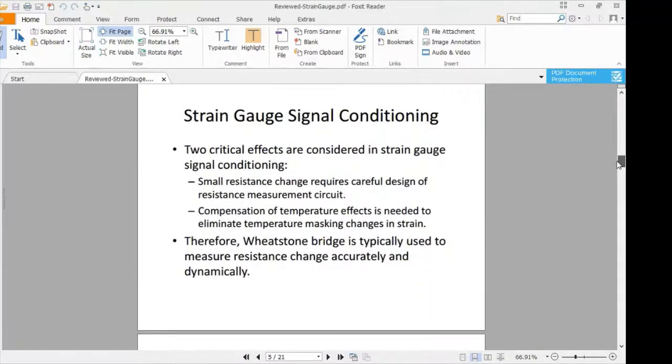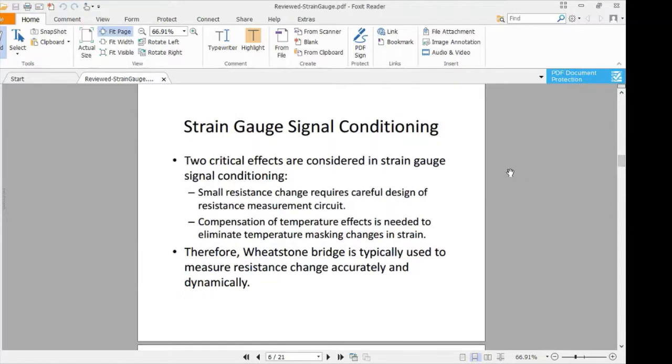A strain gauge is usually used together with a signal conditioner, and two critical effects are normally considered in the design of the strain gauge signal conditioner. First of all, the small resistance change of the strain gauge has to be carefully amplified and transformed from a resistance change into a voltage change.